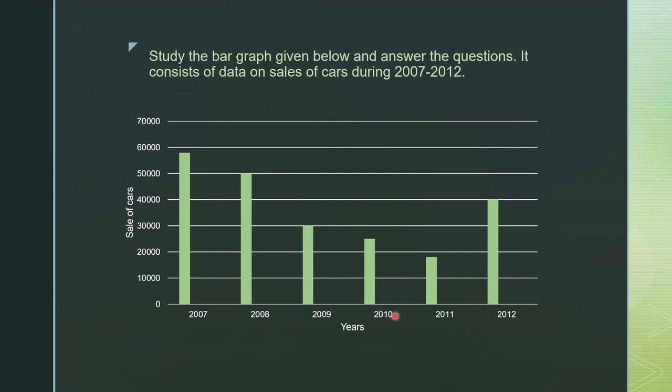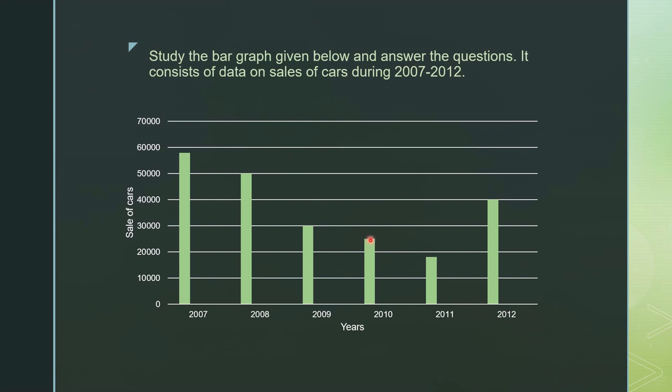In 2010 the bar is not at 30,000 and not at 20,000. It is larger than 20,000 but less than 30,000. So we can easily consider this value as 25,000 because this bar is almost in the middle of the 20,000 and 30,000 lines.